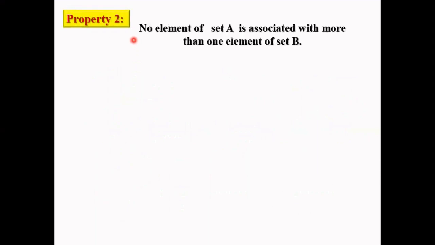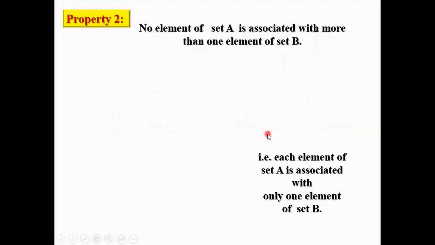Now another property, number 2. It says no element of set A is associated with more than one element of B. In other words, each element of set A is associated with only one element of set B.